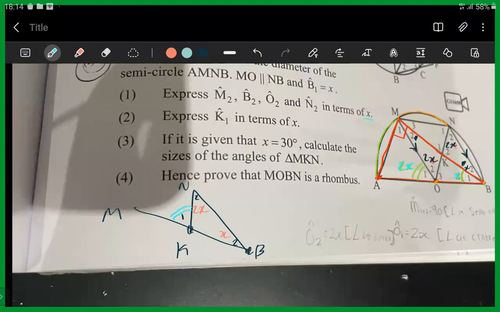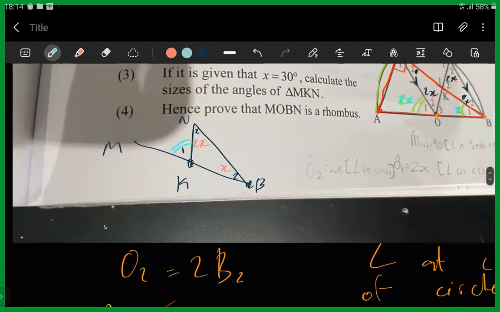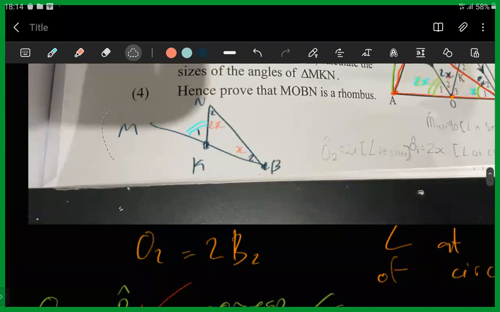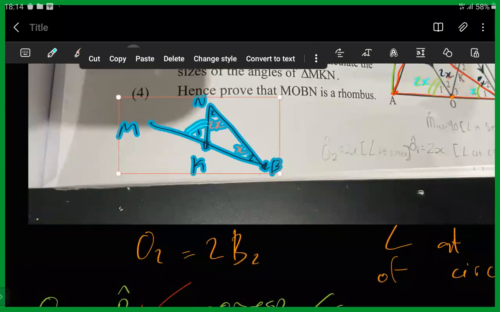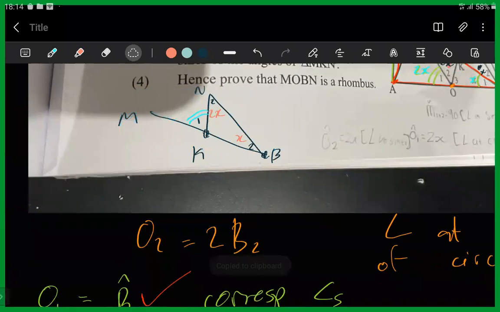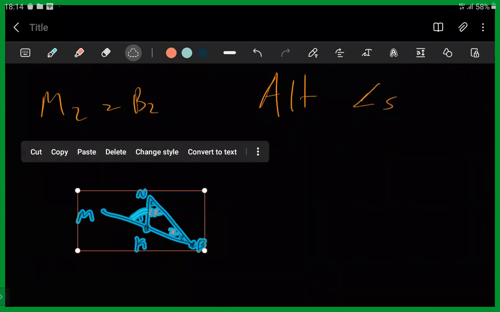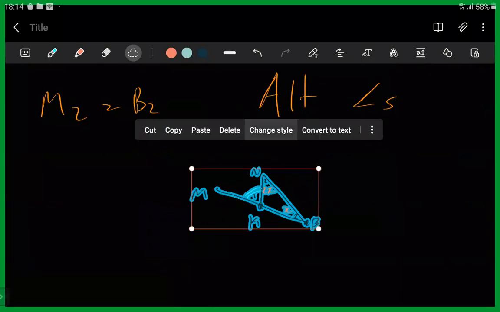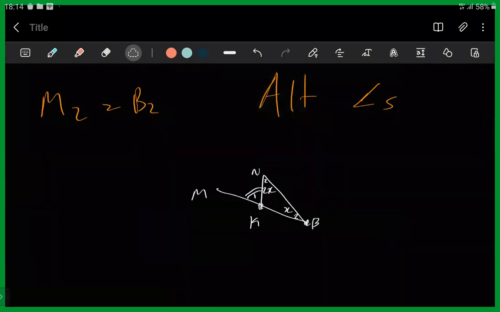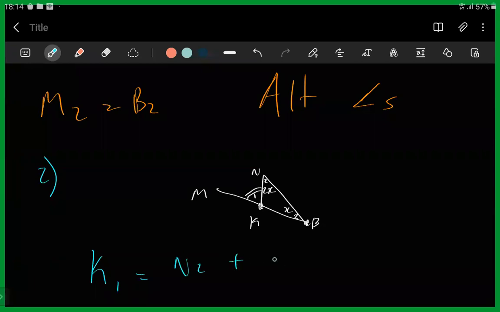It's an exterior angle. Yes, an exterior angle of what? Of this triangle, right? Yes. That is very important to note because that gives us the answer we need. Since we know that's an exterior angle, here, this is question number 2, we can say K1 is equal to N2 plus B2.